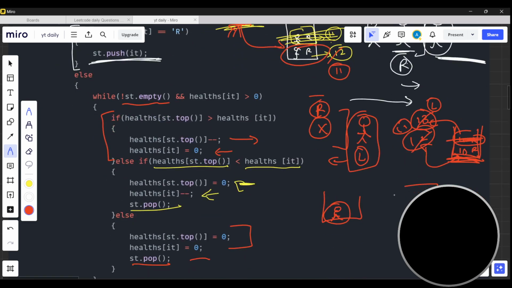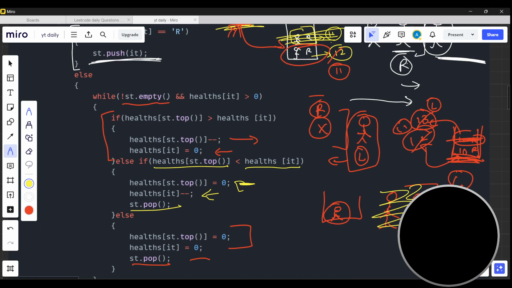For sure what I know, this robot which is moving in left has killed both robots. Now there will be no collision because my stack is empty, which means there is no robot which is moving in right direction. So I can freely move in left direction.